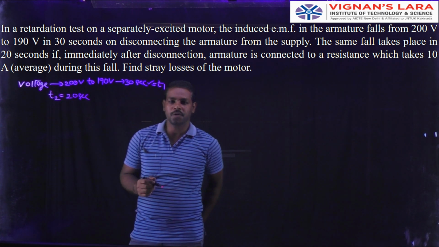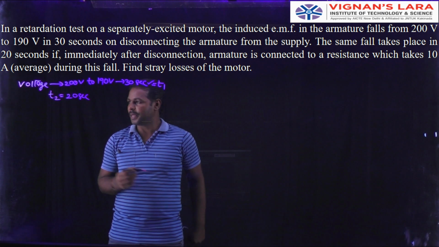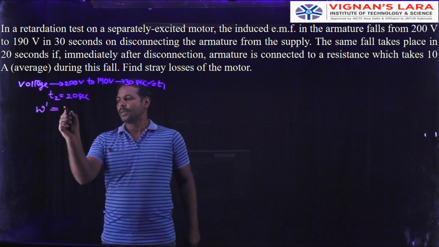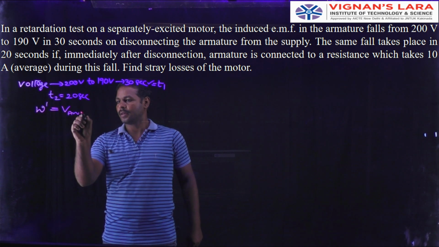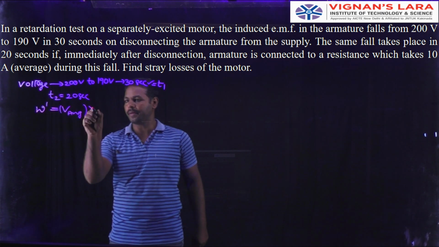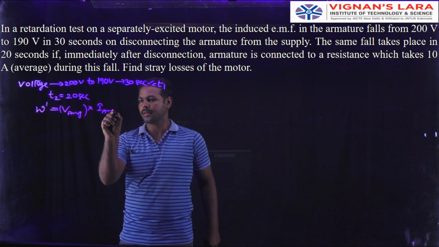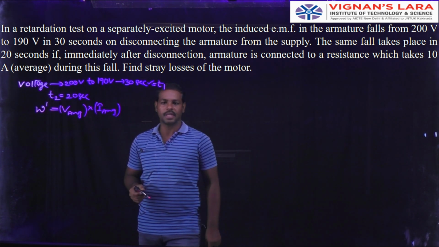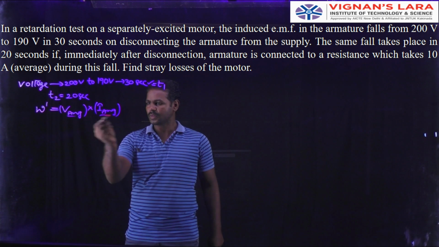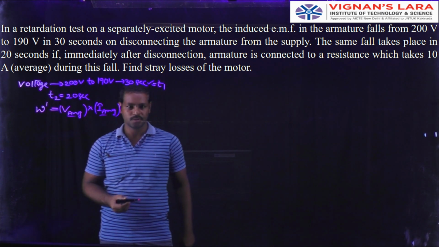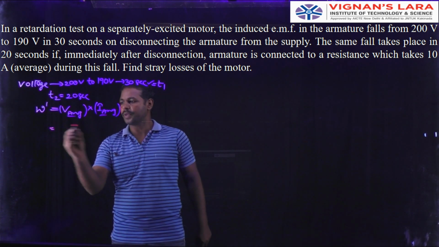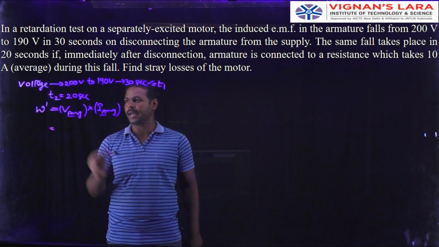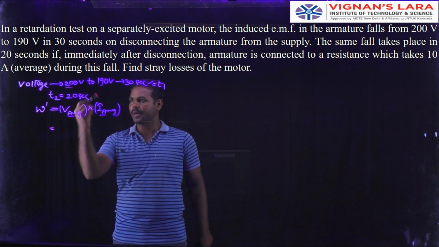All of you know that the average values are to be considered. That means W' is equal to V average multiplied by I average. Only then do we get the W' value. V average is the summation of these two divided by 2.